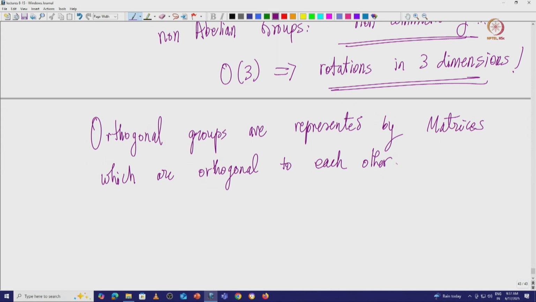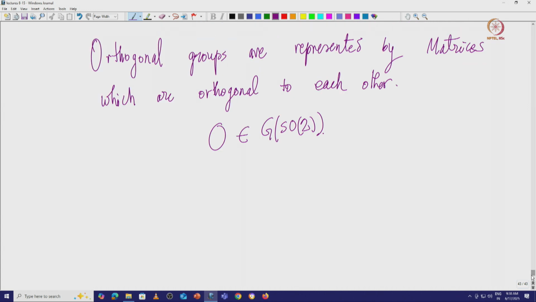Okay, so that means if there is a group G, which we call an orthogonal group, so let me call it SO2, or orthogonal groups are ON. We'll see the notation a little bit later, what S stands for, what O stands for, and everything.